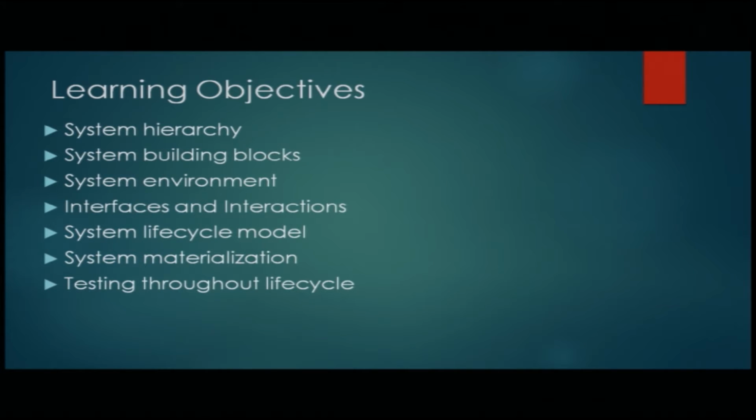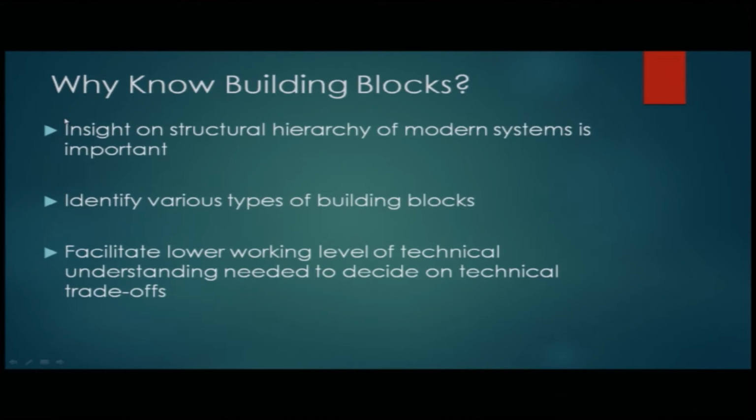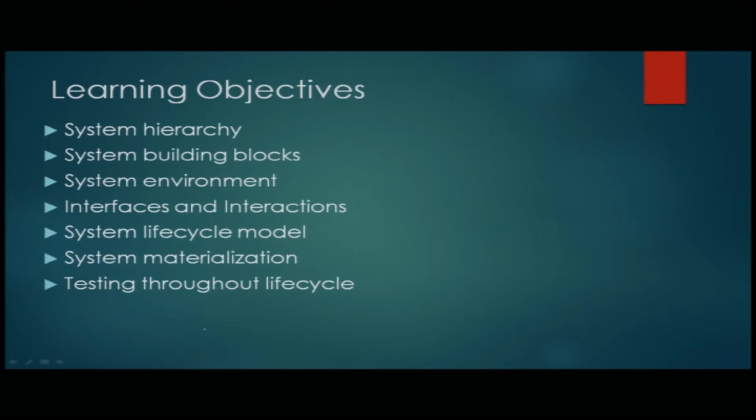So the major learning objectives today include the system hierarchy, or the order in which the different components of the systems are put together, then the building blocks of the system, or things that build the system, then the environment in which the system operates.